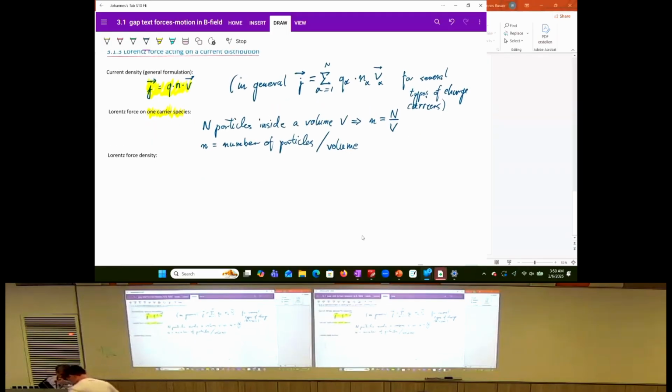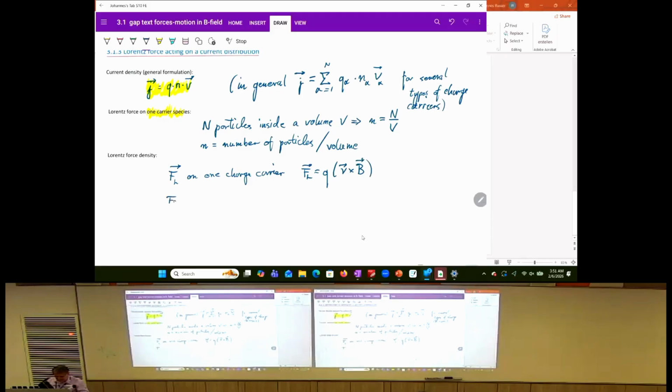We know that the Lorentz force on a single charge carrier, F_L, is given by the charge value q times the cross product of the velocity of the carrier with the magnetic flux density.